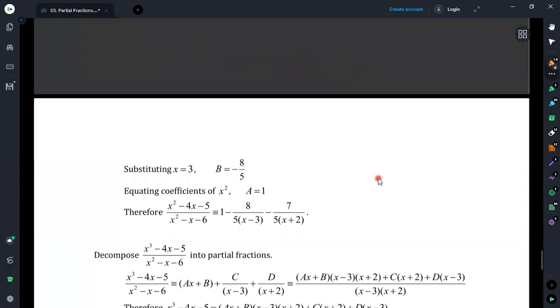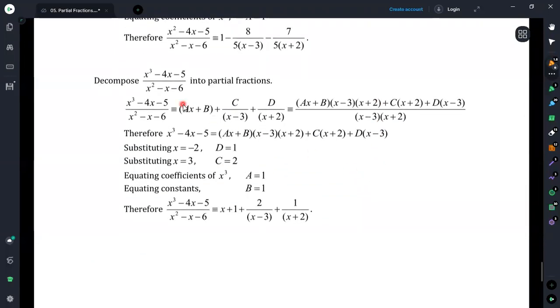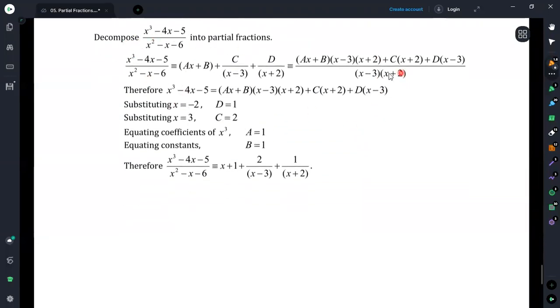And next, I have explained another calculation for decomposing into partial fractions. Suppose that the degree of the numerator is 1 greater than the degree of the denominator. Since it is 1 greater, we have to use a linear factor. If the degree is 2 greater than the degree of the denominator, then we have to use a quadratic polynomial.